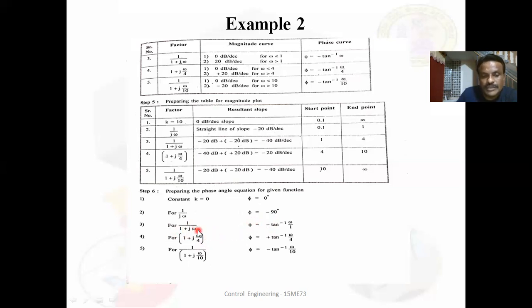The imaginary part is omega, the real part is 1, so the phase angle is minus tan inverse of omega by 1. Then for the first order zero 1 plus j omega by 4, the phase angle is plus tan inverse of omega by 4. Then for the first order pole 1 by 1 plus j omega by 10, the phase angle is minus tan inverse of omega by 10.